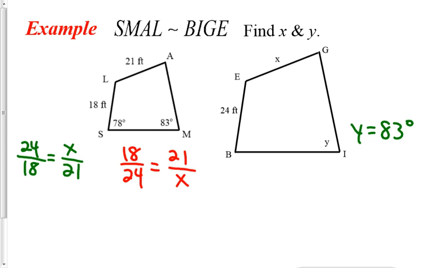So a third possible proportion would be 18 over 21 equals 24 over X. So let's talk about how this is similar and different to the others. In the first two proportions, we took the left quadrilateral, and in the first one we put it on the bottom.